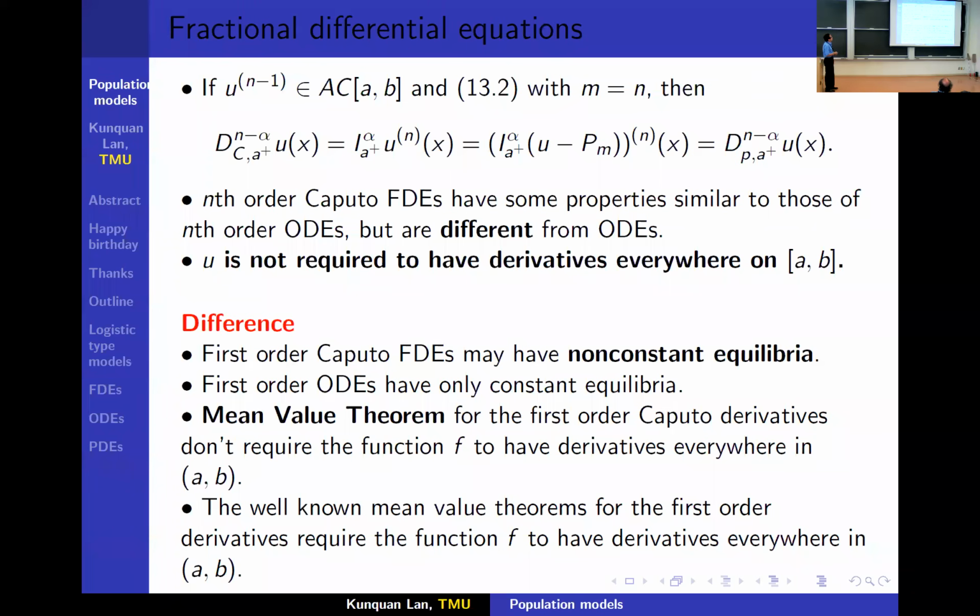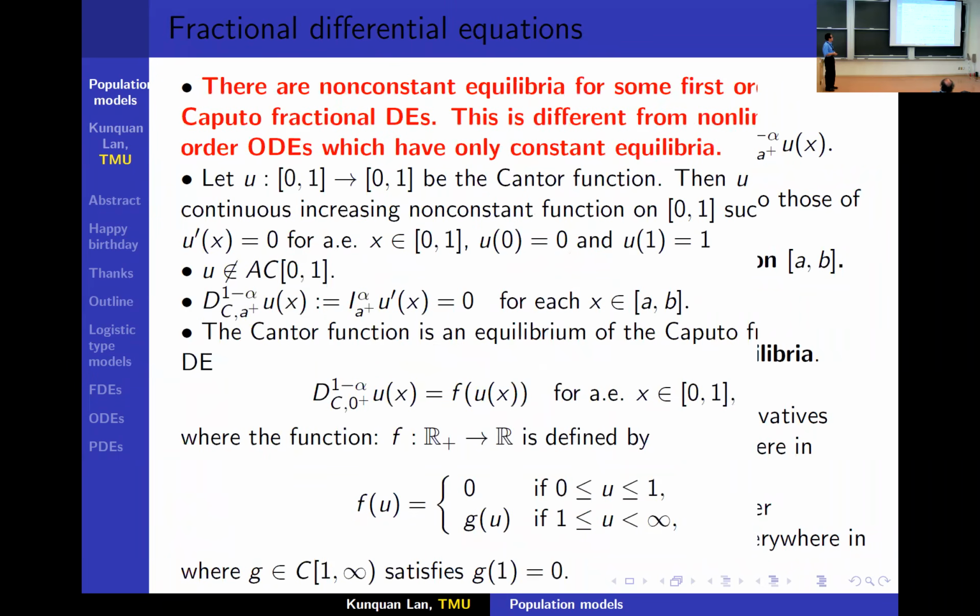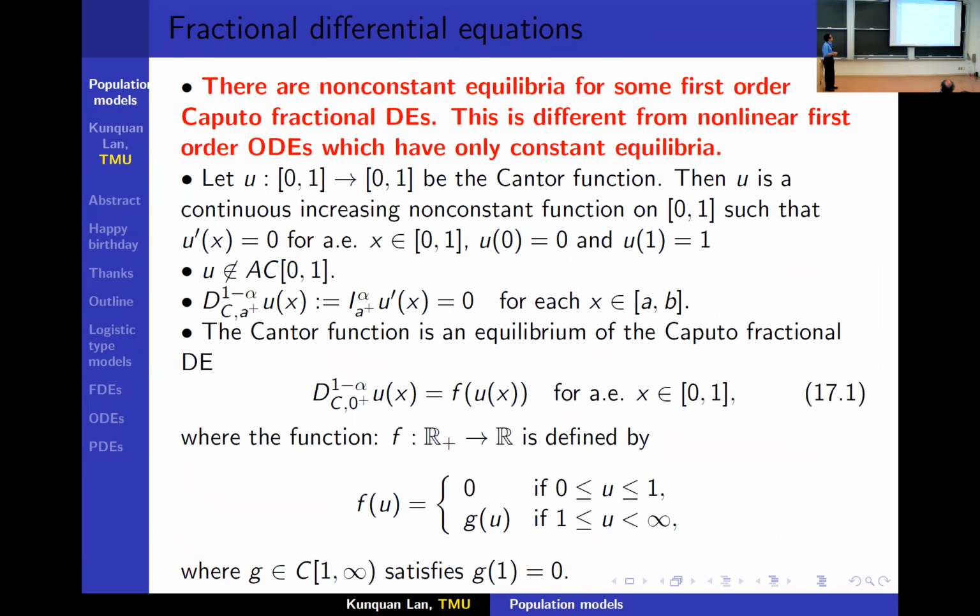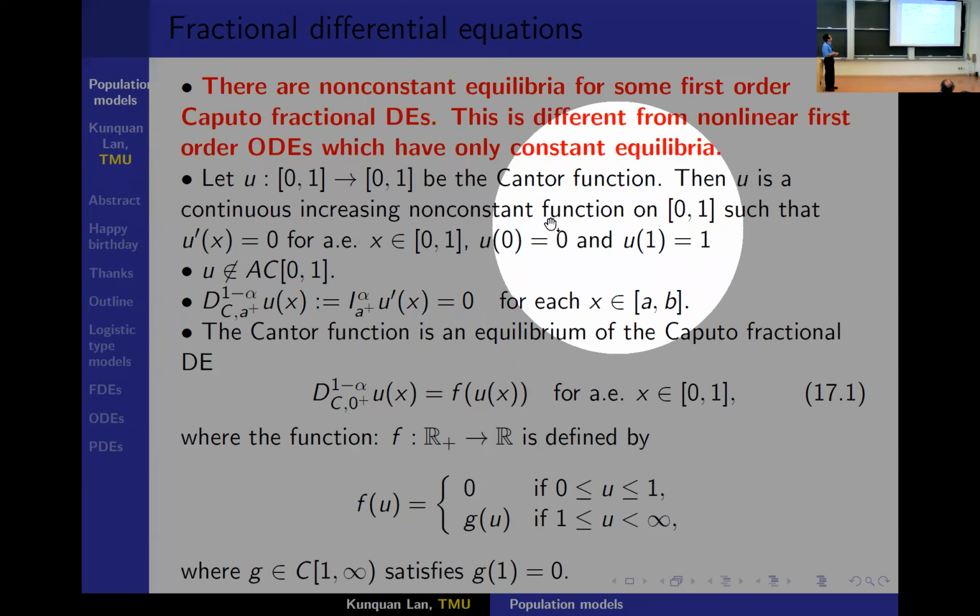So this is a difference: the nth order mean value theorem. Recently I solved this mean value theorem. Everybody understands what a mean value theorem is. You are going to require the function to be continuous and have a derivative everywhere.